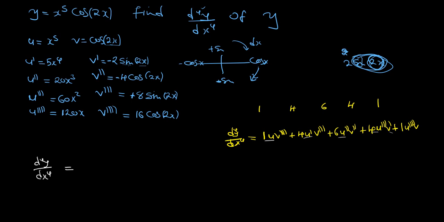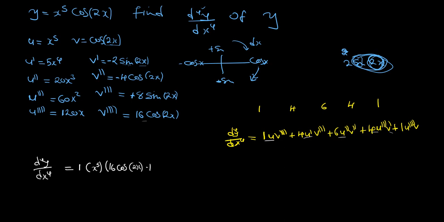So the way we substitute is we write that constant, then times the u. U is x to the power 5, times our v prime prime prime prime, that is 16. That is v to the 4th prime. So we'll write 16 cos 2x like that. All right, then we are done with the first one.